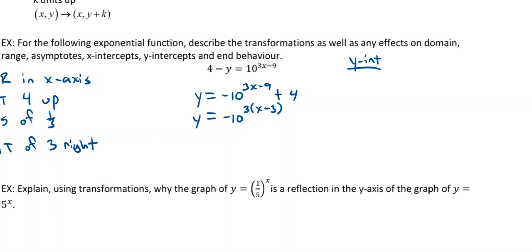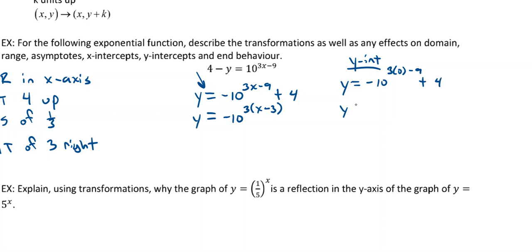If we're looking at this function, either one of them, it wouldn't really matter here. What's equal to 0 at our y-intercept? Yeah, the x value, right? So let's throw a 0 in, see what we get out for y. So we'll say y is equal to -10 to the power of 3 times 0 minus 9, plus 4.